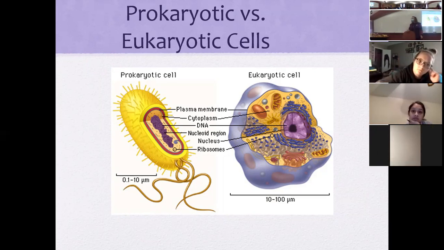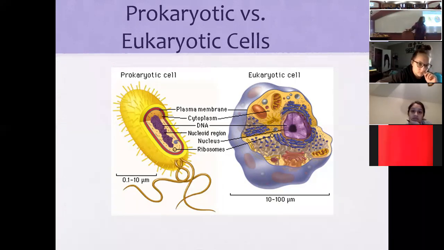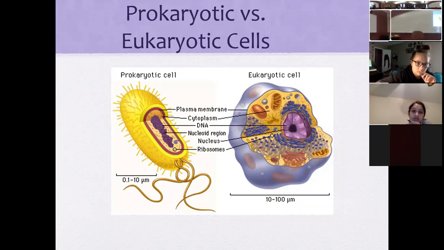Now let me give you a size comparison because I know this picture makes it look like this cell and that cell are the same size. They are not. My prokaryotic cell is much, much smaller. This turned into this. This is the mitochondria of our complex cell. So that's the size difference that we're looking at.